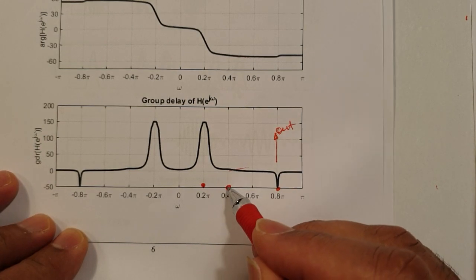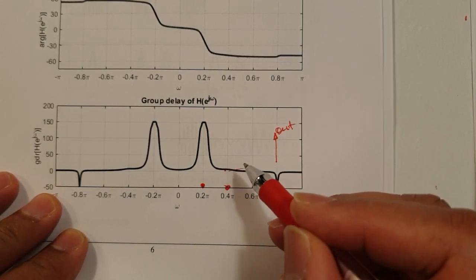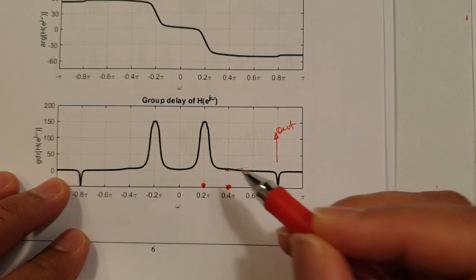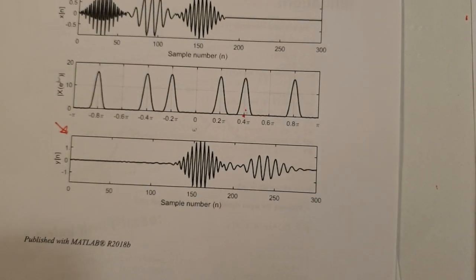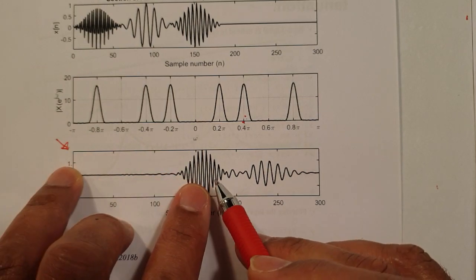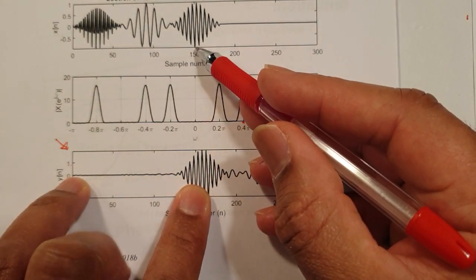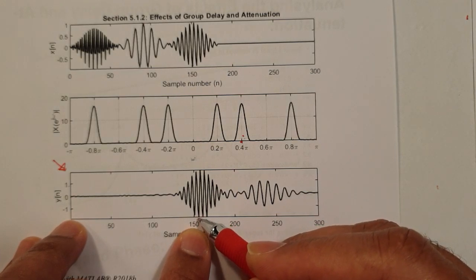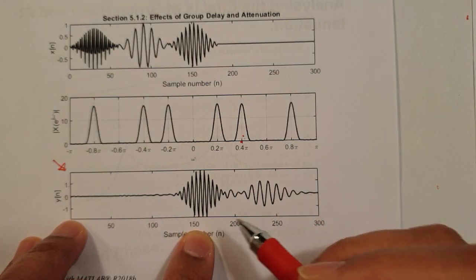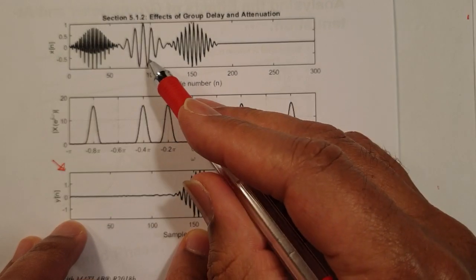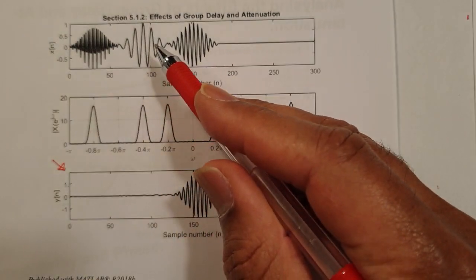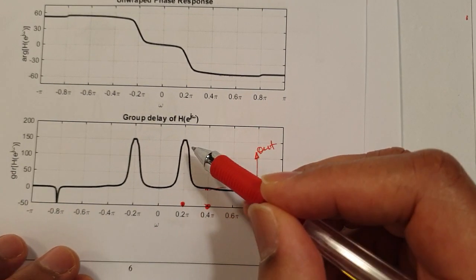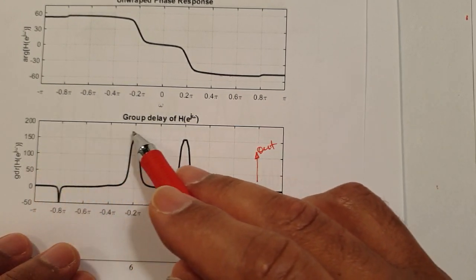And this one here at 0.4 was delayed by very little, almost 0, okay? So let's go back to the picture.